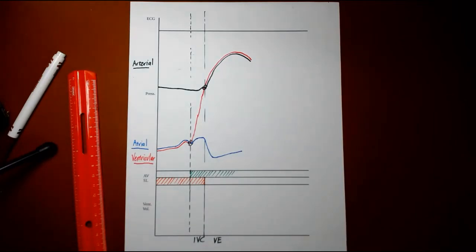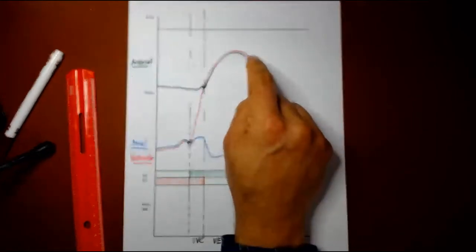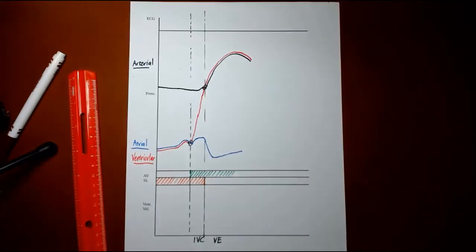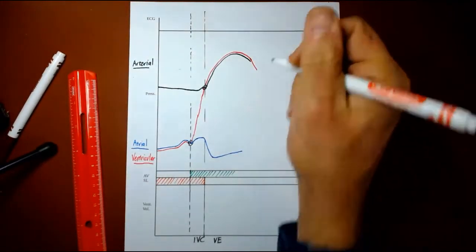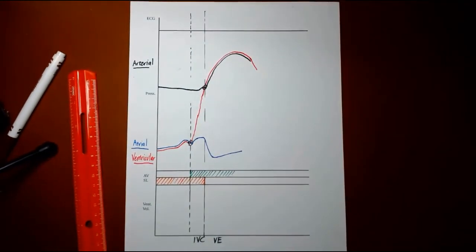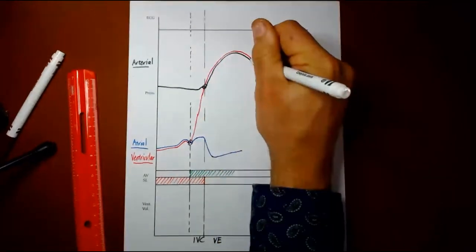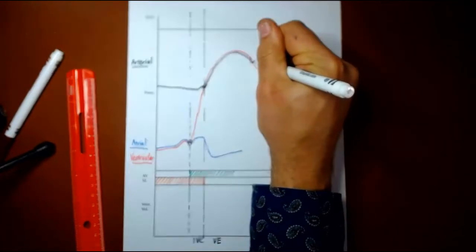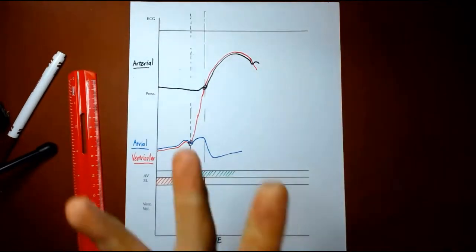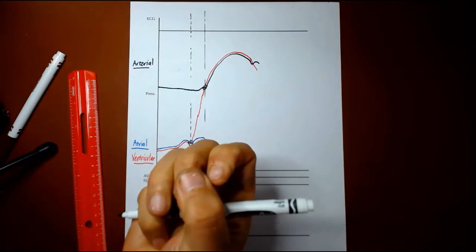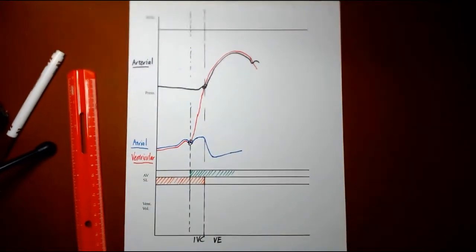That ventricular ejection period is going to last until the moment that the ventricles have relaxed enough that the pressure from the arterial walls is greater than the pressure in the ventricles. So we're going to represent that by, after just a moment here, the pressure in the arteries remaining higher, doing this, with a little bit of a bump here. This bump is actually the arterial walls springing back as the pressure in the ventricles drops down.